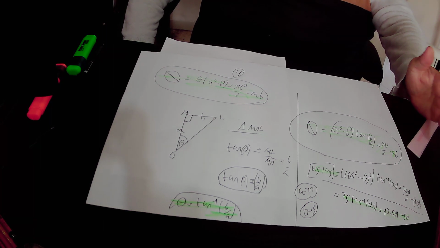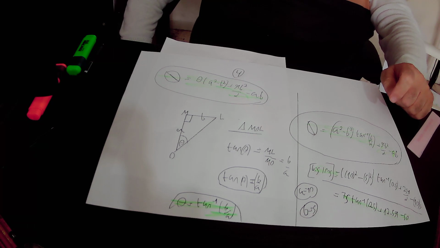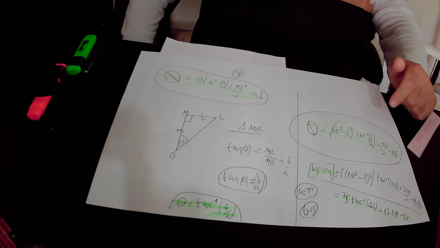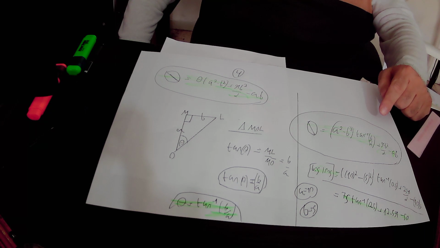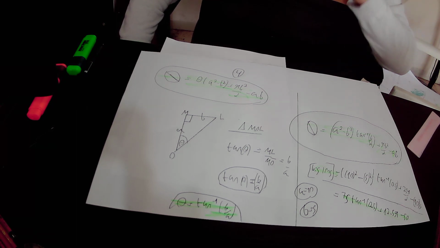So here you can see that the only variables are A and B, the radii of the two shapes that intersect with each other. Now we can use this formula to find the area of the big lens and the area of the blue lens, and then we subtract the area of the blue lens from the area of the big lens, and this way we get the area of the orange shape.